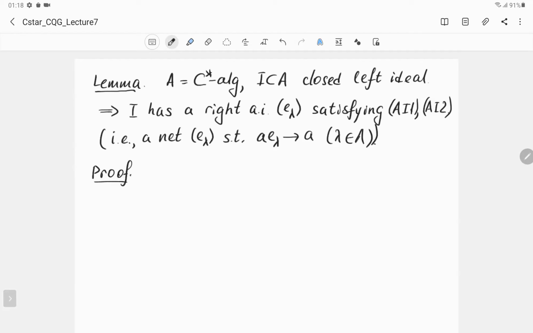To prove this result, we reduce everything to C-star algebras. Namely, we'll let B denote the intersection of I and I star. And it's clear that B is a C-star subalgebra.